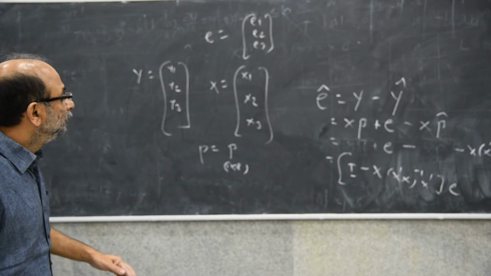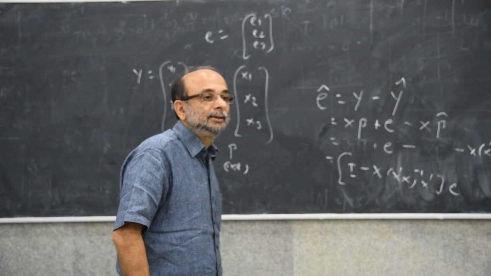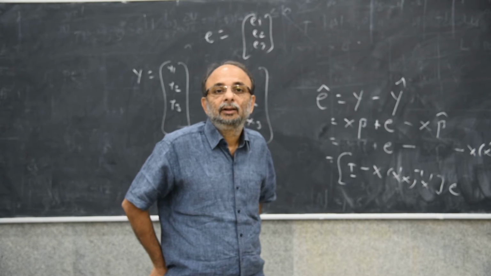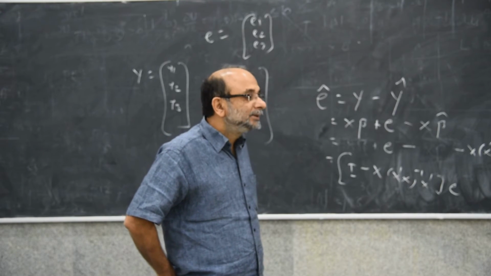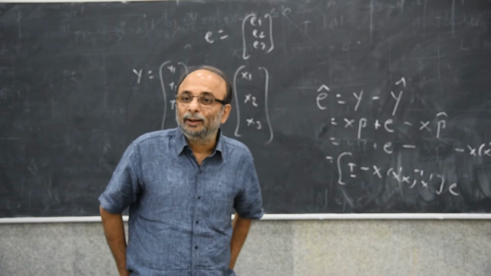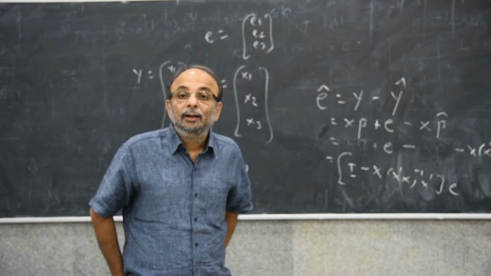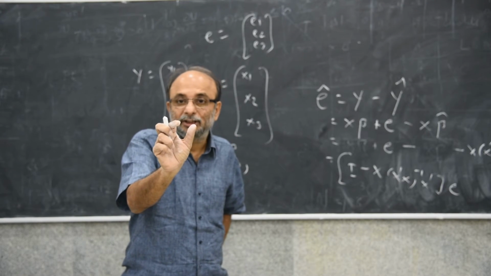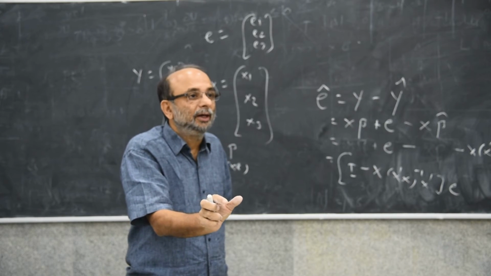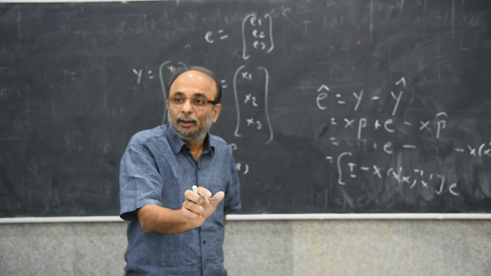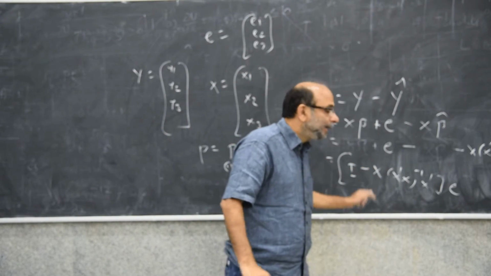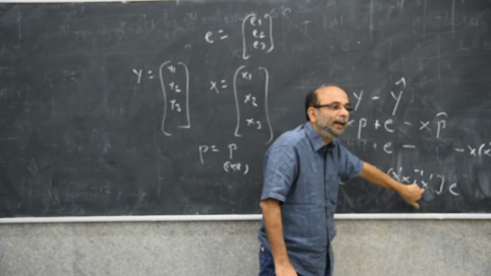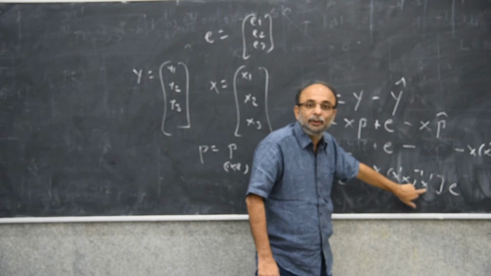Now, let us try to construct this. What will be the dimension of x dash x? x is n cross 1, so x dash is 1 cross n. x dash into x is 1 cross n into n cross 1, so 1 cross 1. x dash x inverse would be 1 upon that, a single number in the denominator. x will be n cross 1 in the numerator, n cross 1 into x dash, 1 cross n.